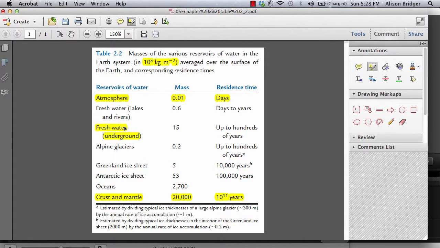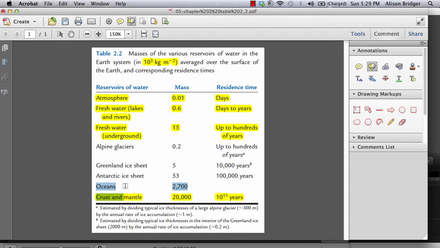That's a different pool of water, as it were. 15 units are locked up underground in things like aquifers, and those are locked away for maybe hundreds of years. And that doesn't include the fresh water that's in lakes and reservoirs, 0.6 units.